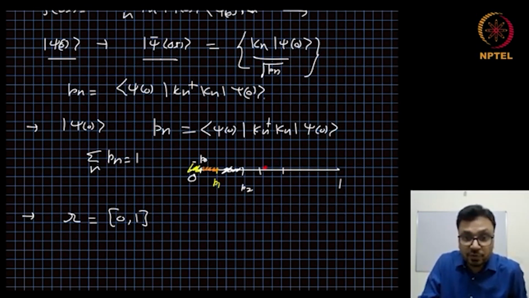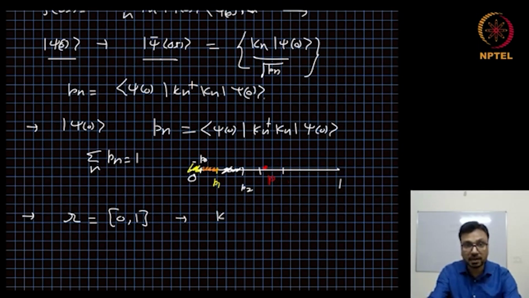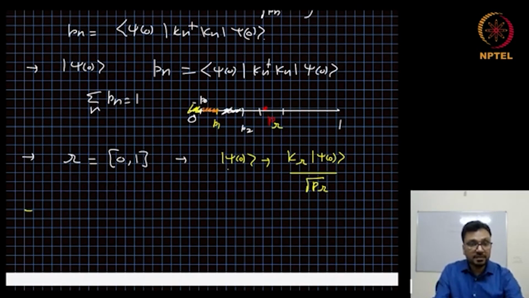Let us say this corresponds to P of R, the segment corresponding to P of R. That means in this trial, we got the outcome R. So our state psi of 0 went to K of R acting on psi of 0 divided by the square root of P of R. So in this attempt, our state psi of 0 went to psi of R, which is K of R acting on psi of 0.